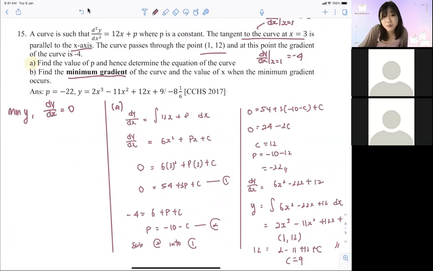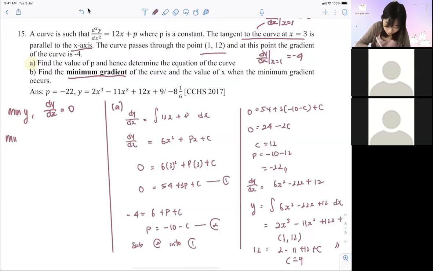But can the gradient be negative? Yeah, gradient can be negative. Negative gradient means it's going downwards, right, Dylan? Gradient positive means it's going upwards. Gradient minimum, gradient does not mean dy dx equals 0, right? No. So listen here. Minimum y, you differentiate y equals to 0.